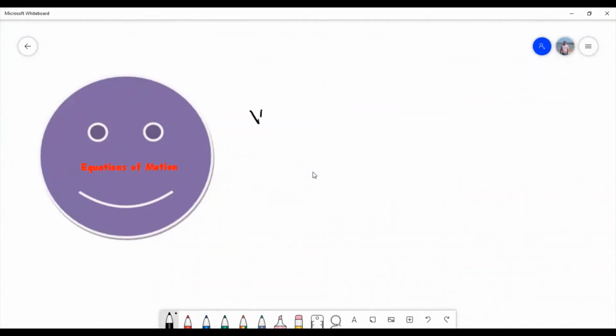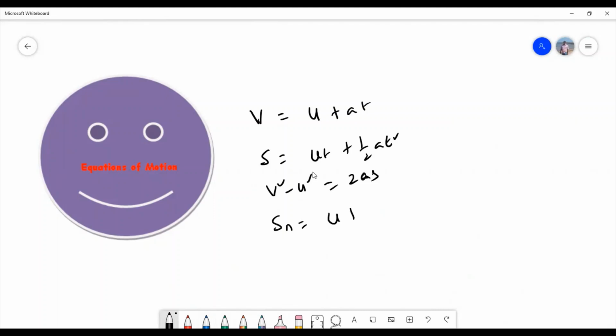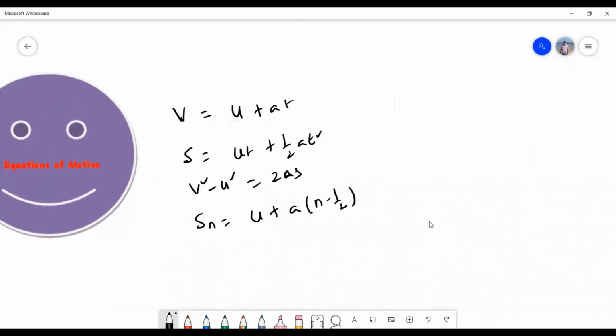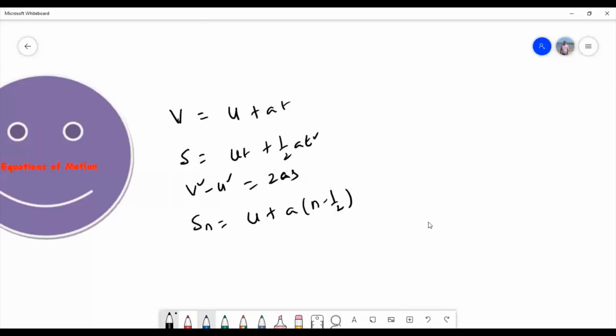We all have learned the equations of motion. v is equal to u plus at, s is equal to ut plus half at square, v square minus u square is equal to 2as, and lastly, Sn is equal to u plus a into n minus half. Very simple. We just apply the conditions, then we can get all the equations of motion.